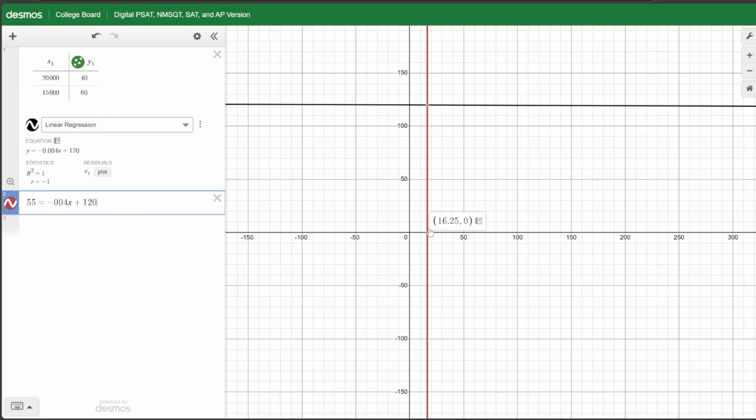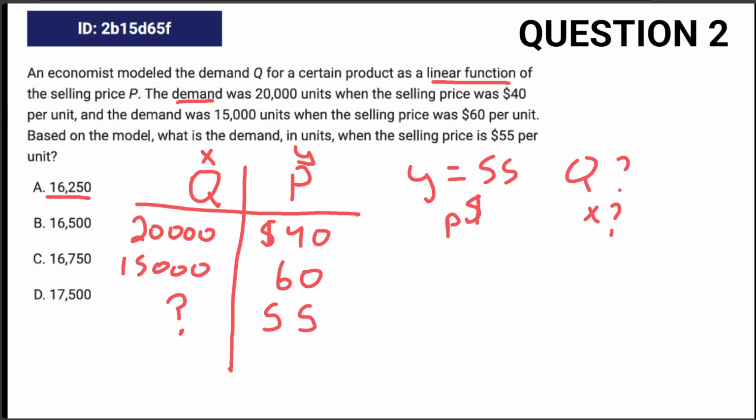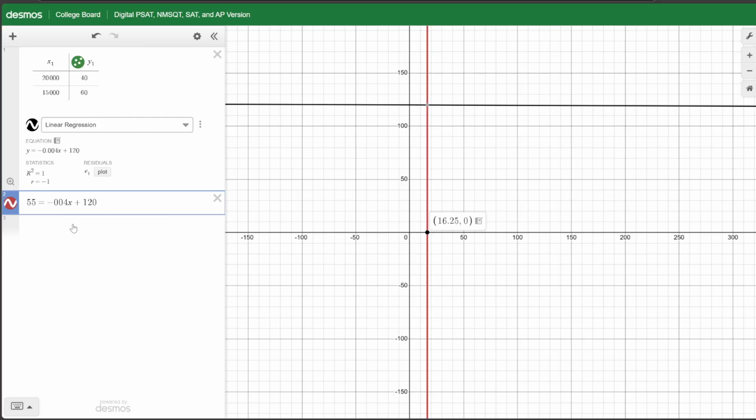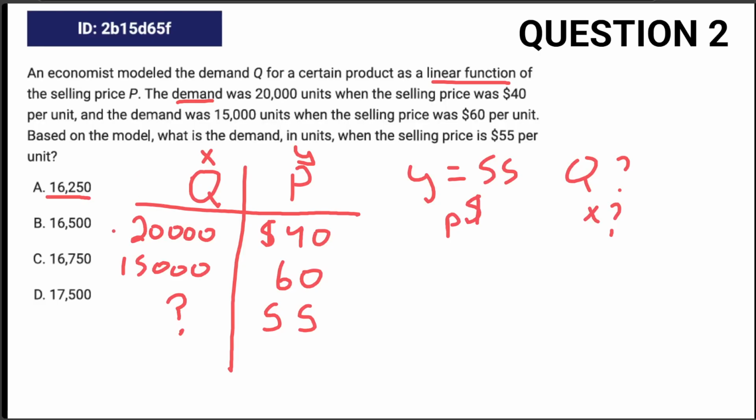It is weird how it gave 16.25, but you can see that the answer does line up. That could just be due to us plugging it in and finding the answer with Desmos. If we did it by hand, it might have resulted in the full answer, but you can select the correct answer.